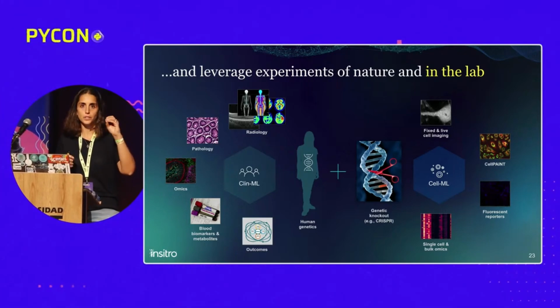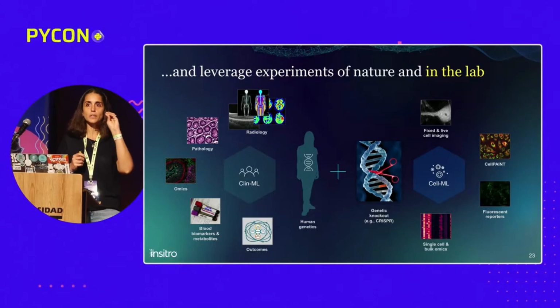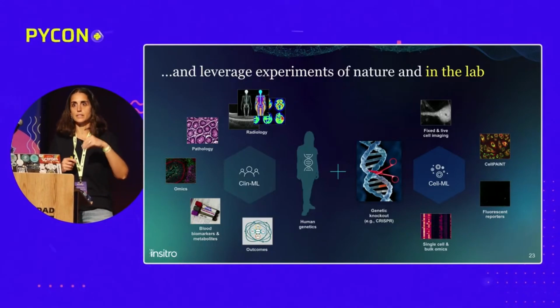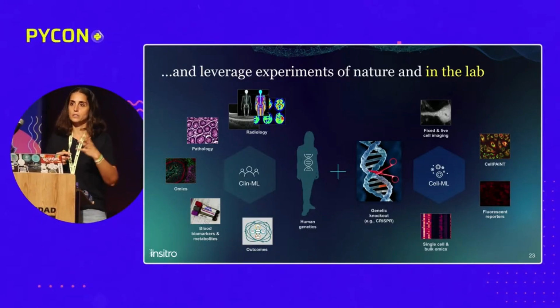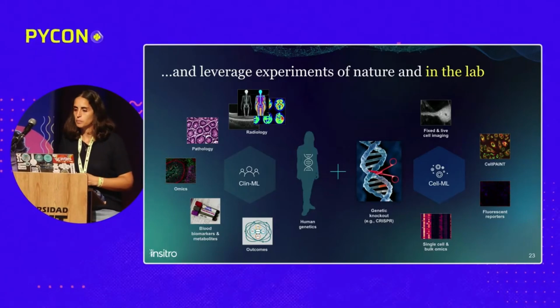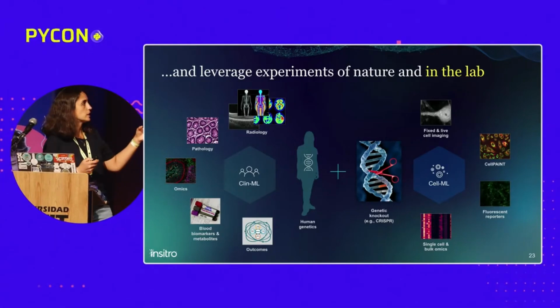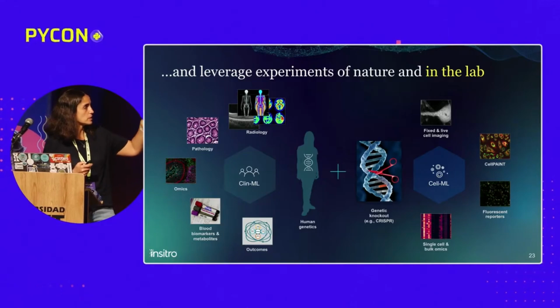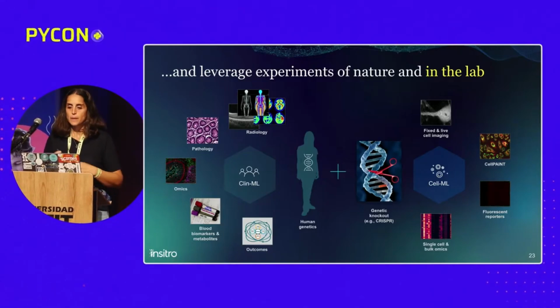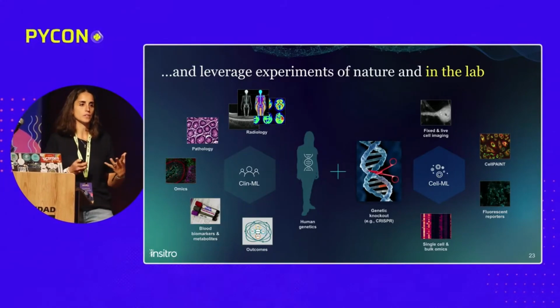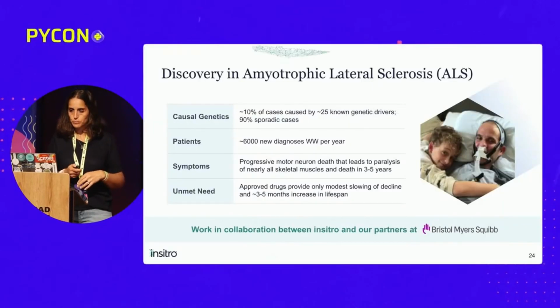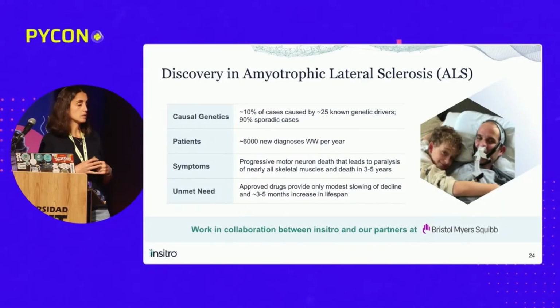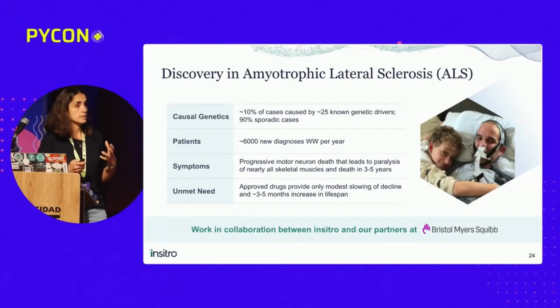When you knock out a gene, you're basically removing that gene from those cell lines and then understanding what the consequences are of that gene not being present. We collect a range of measurements across different modalities that really help us understand what the phenotype looks like. One of the diseases that we've been focusing on is ALS.